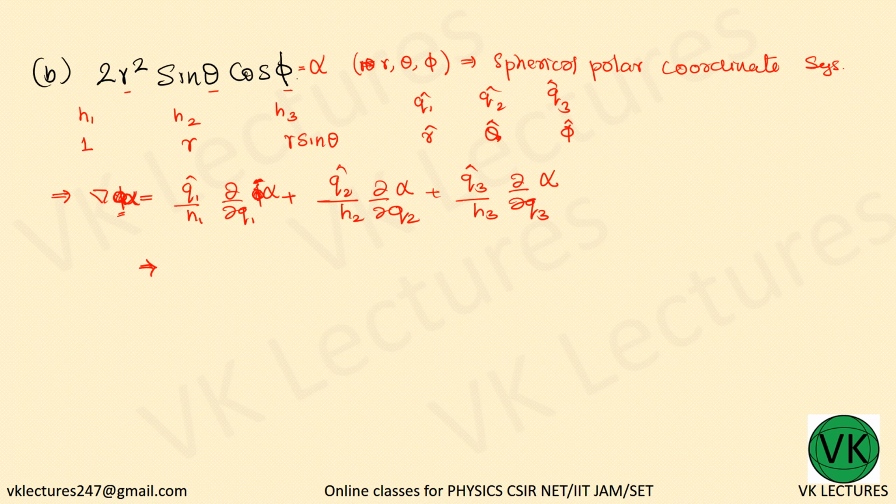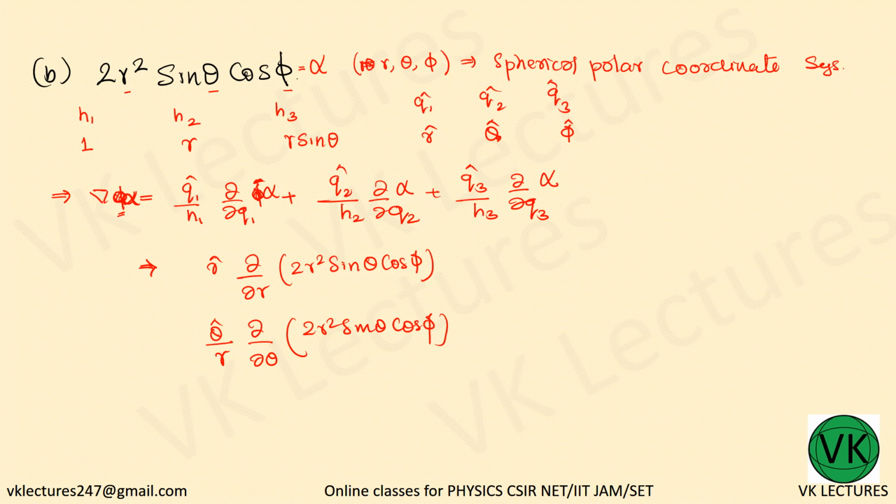What you can say, q1 cap, that is r cap dou by dou r of 2r square sin theta cos phi. Then q2 cap, that is theta cap by h2, what is h2? r, dou by dou theta into 2r square sin theta cos phi.